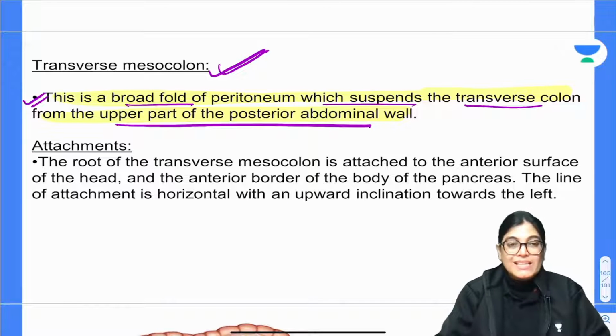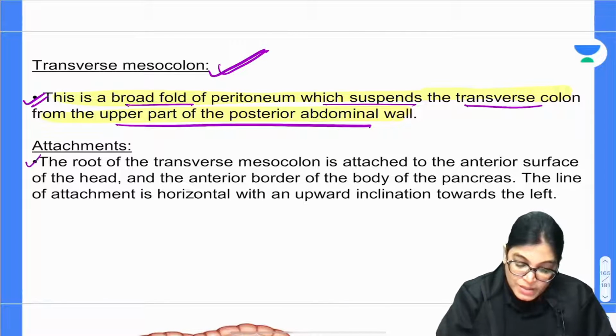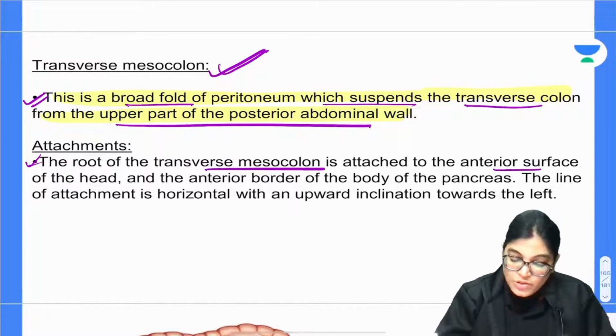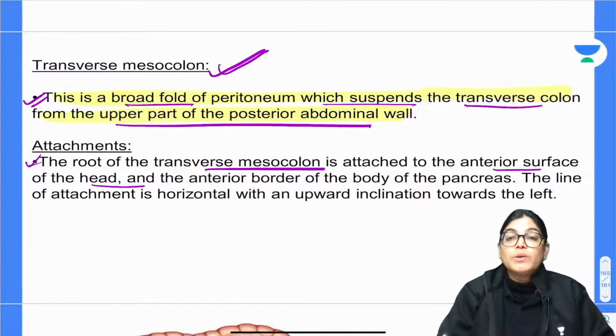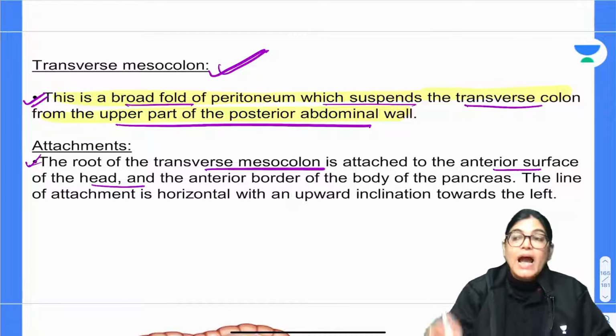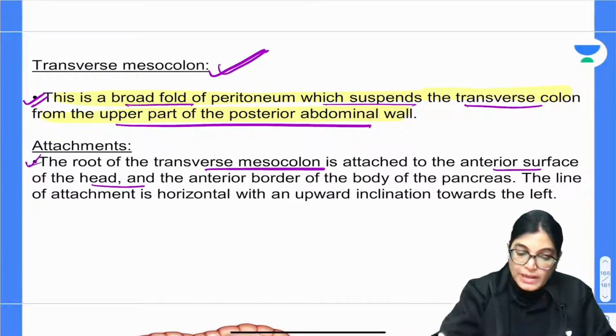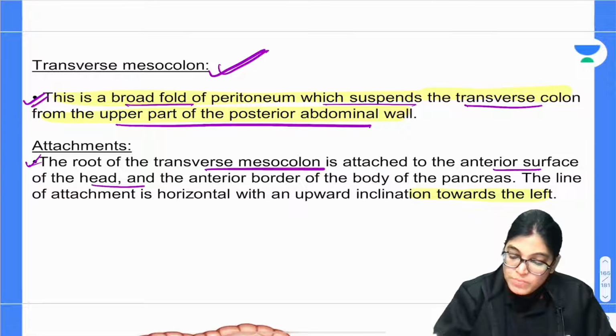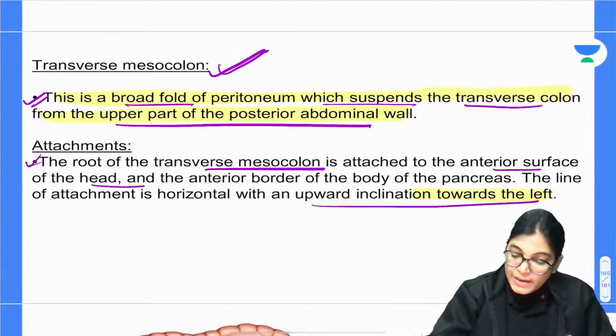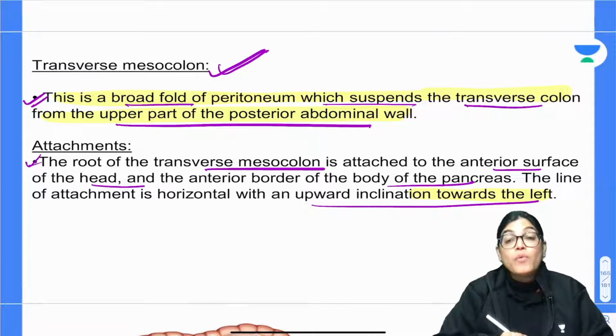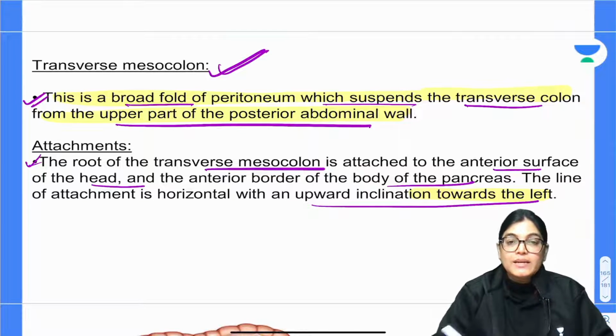If we talk about its attachment, the root of the transverse mesocolon is attached to the anterior aspect of the body and head of the pancreas, in a horizontal line with slight upward inclination towards the left.